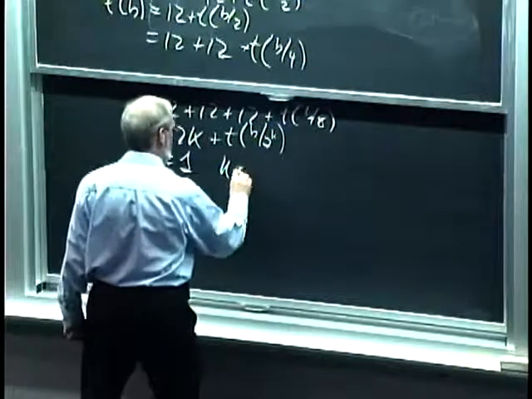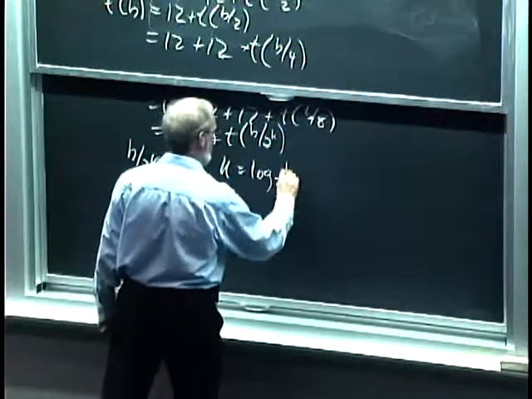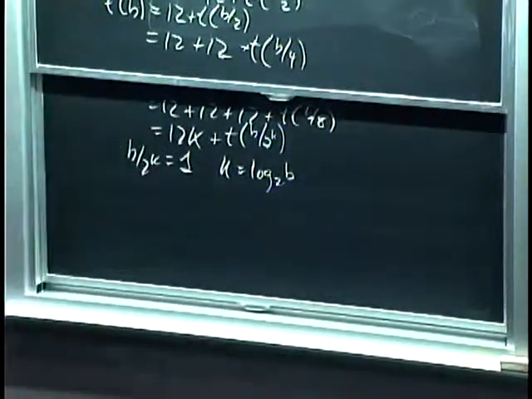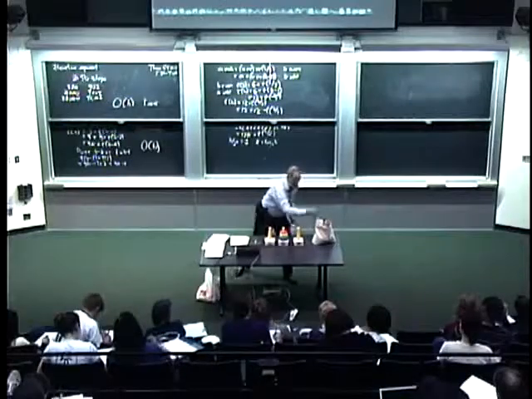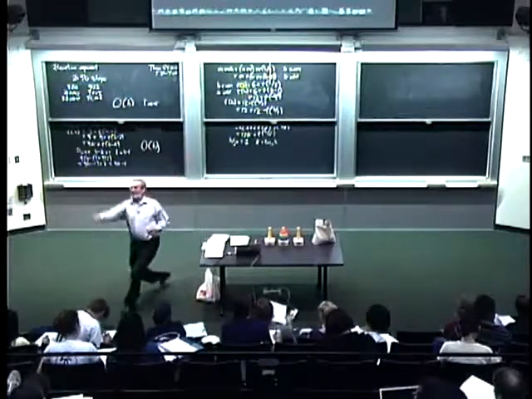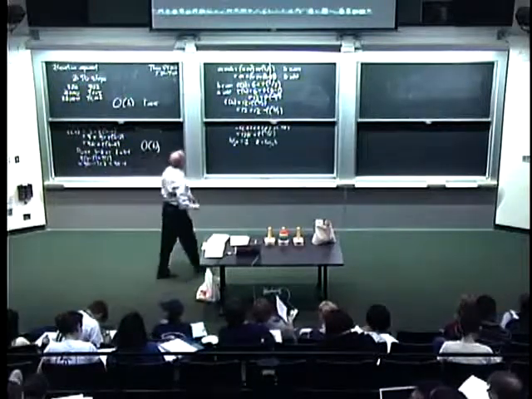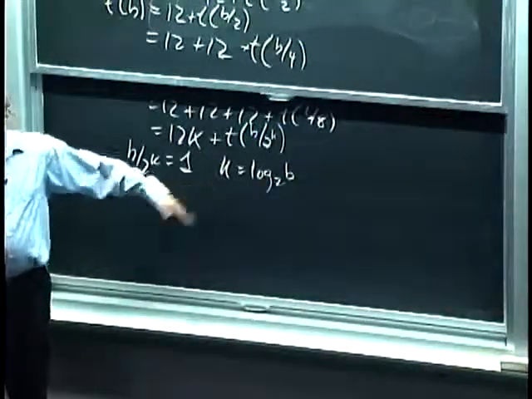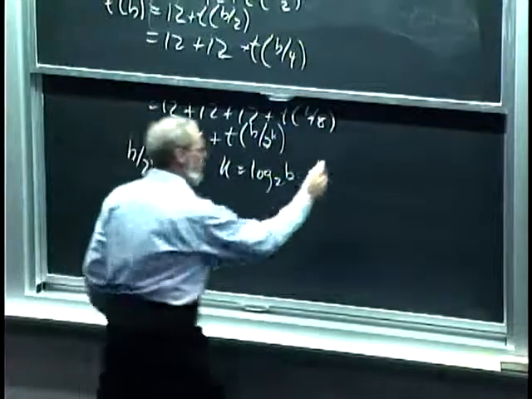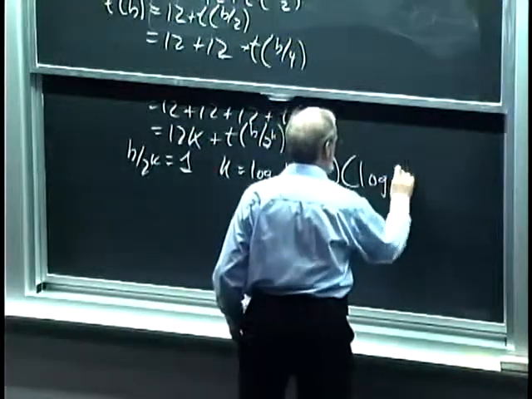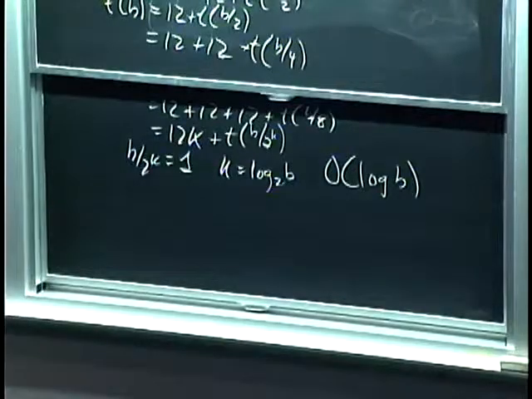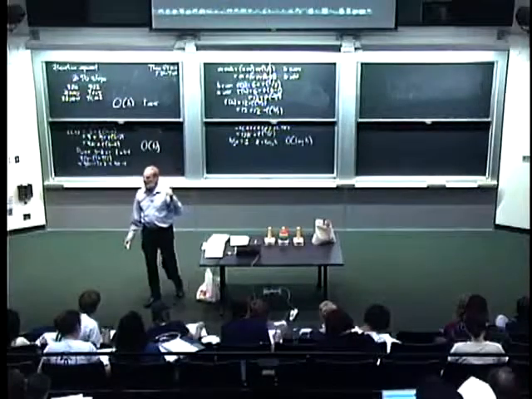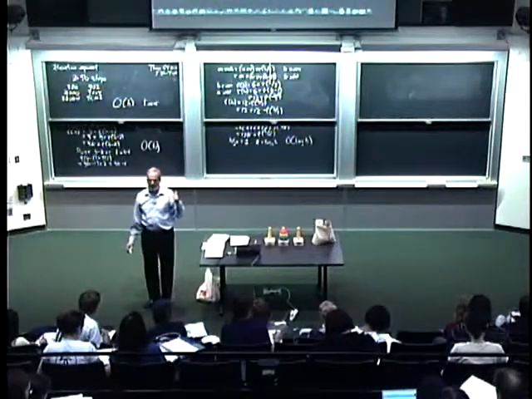That's when k is log base 2 of b. You're sitting a long ways back. I have no idea if I make it this far or not. Thank you. Okay? There's some constants in there, but this is order log b. Logarithmic. This matters. This matters a lot. I'm going to show you an example in a second just to drive this home.